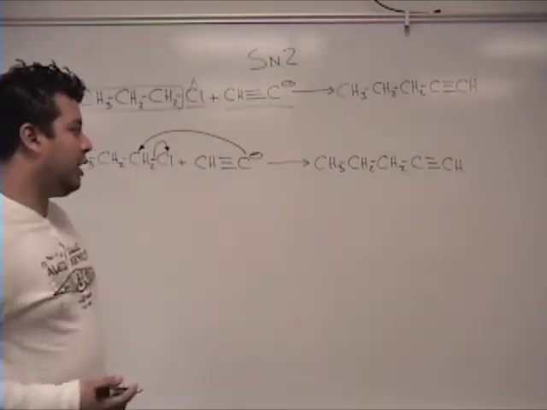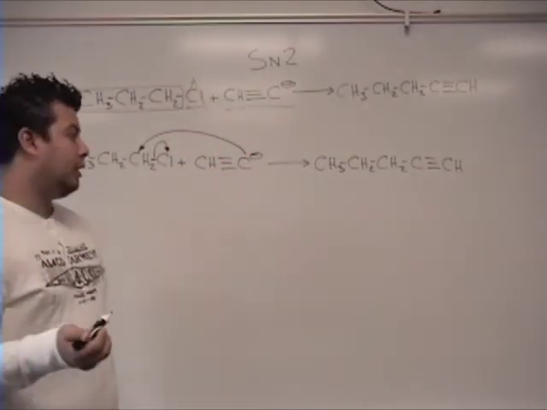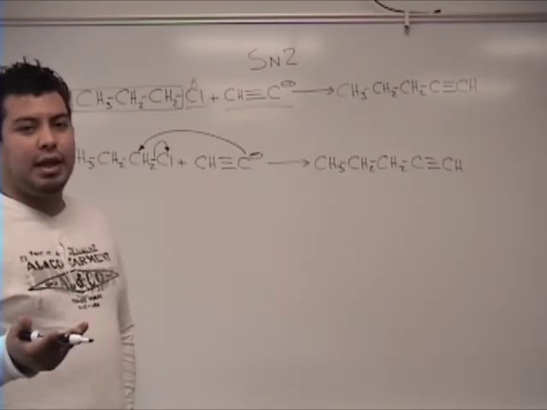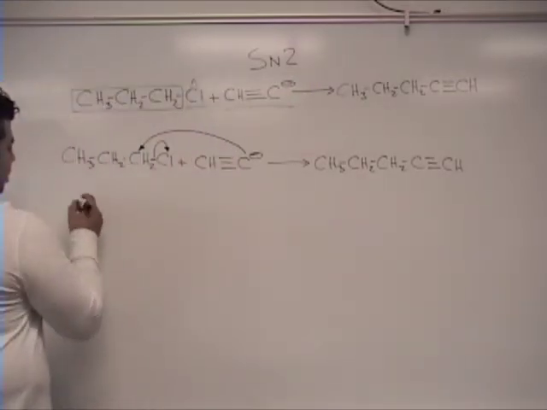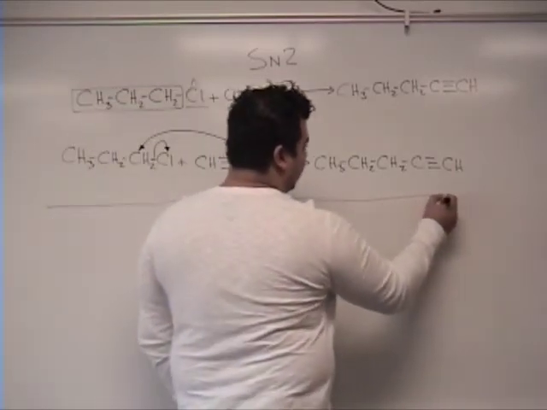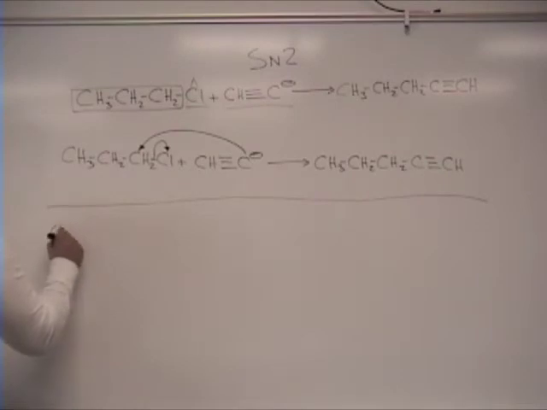Now, we did get our product, and with this we can, let's say you want to get an alkane from this, you just gotta treat the product. This is aside from the mechanism. The mechanism ends there, but let's say you want the alkane.